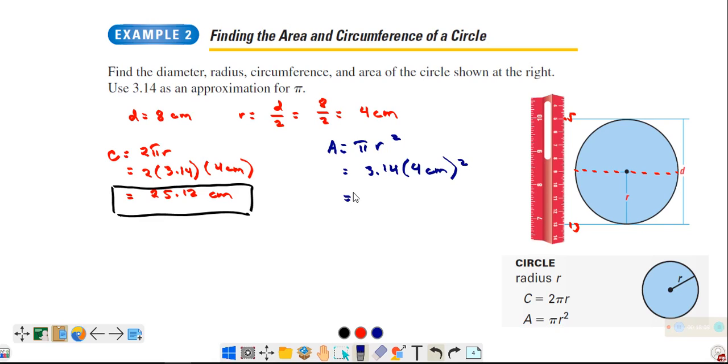We have 4 cm times 4 cm is equal to 16 square centimeter. So, cm times cm, meron ka ng square centimeter. So, you will end up with 3.14 times 16, 50.24 square centimeters. Okay?